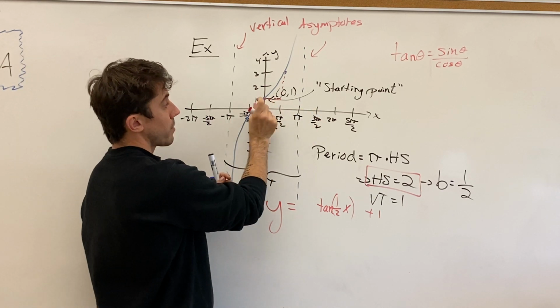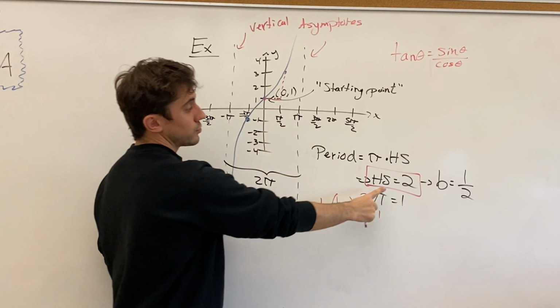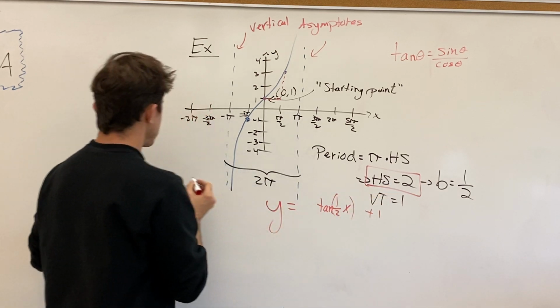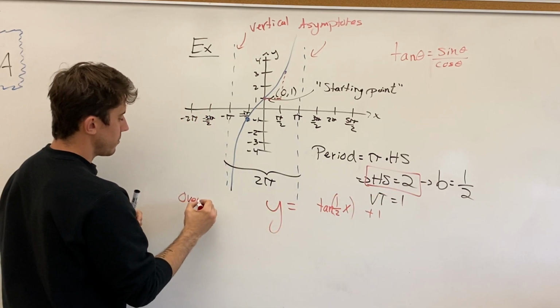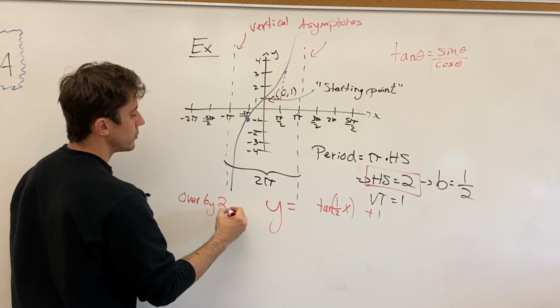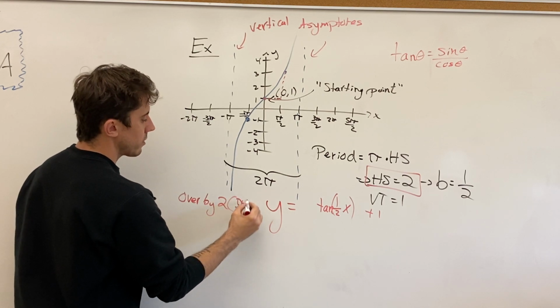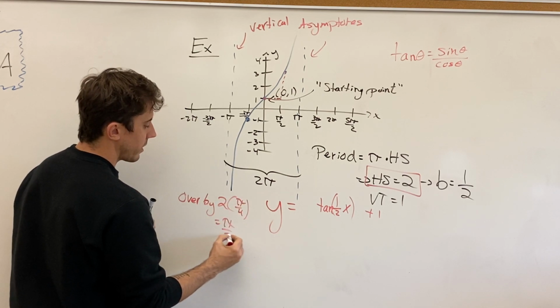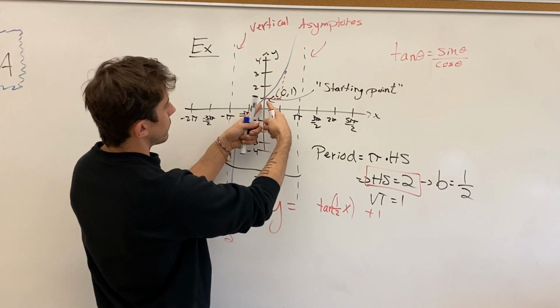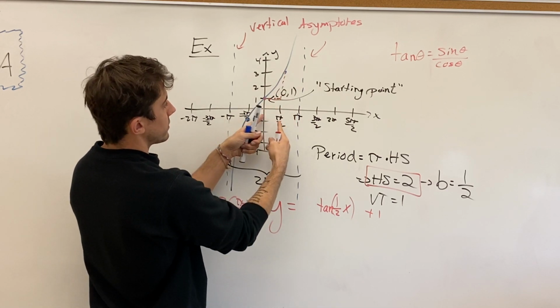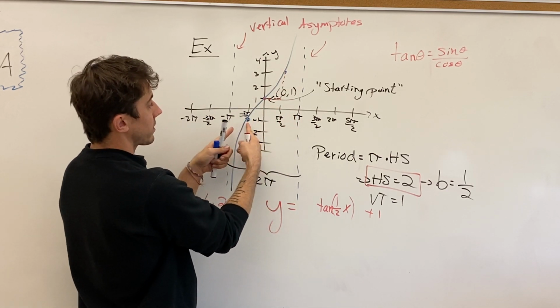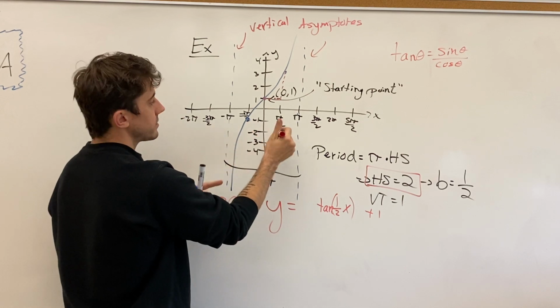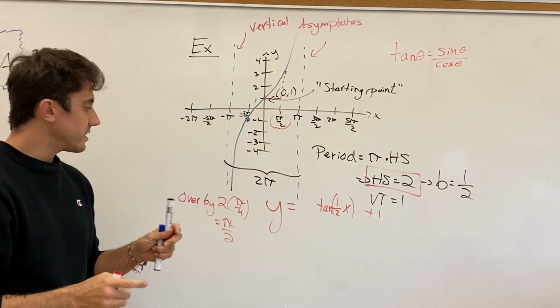And so instead of going over by pi over 4, we're going to go over by twice as much, right? So we're going to go over by 2 times pi over 4, which of course is pi over 2. That's why from our starting point to our next key point, we go over and back by pi over 2, right? That's our value that we see here.